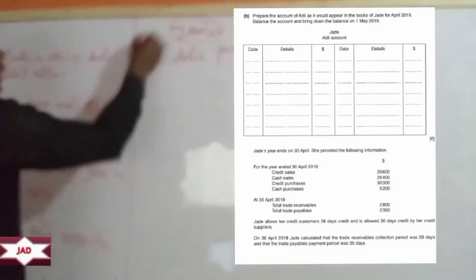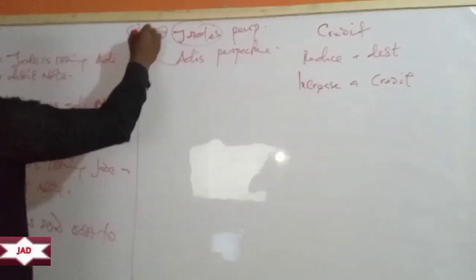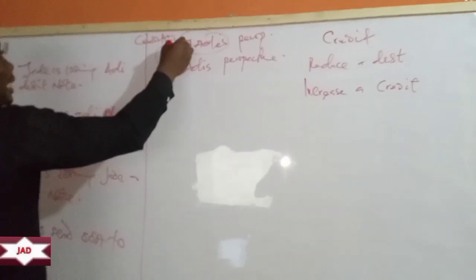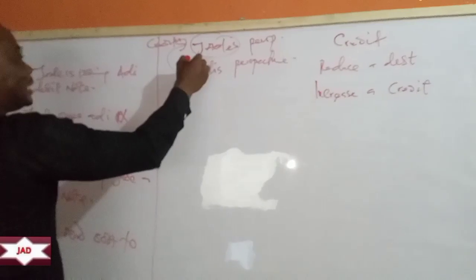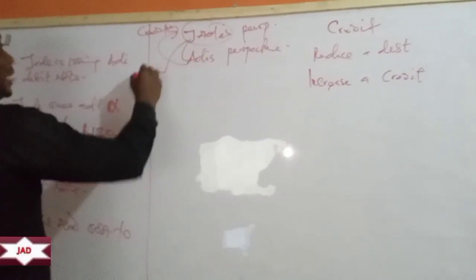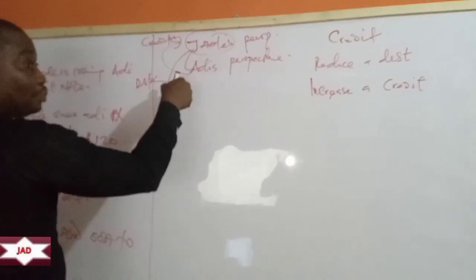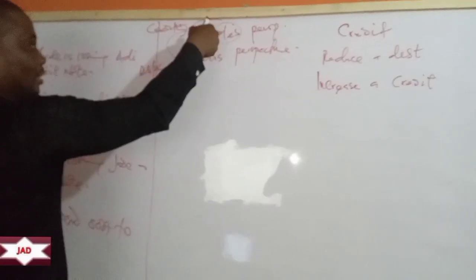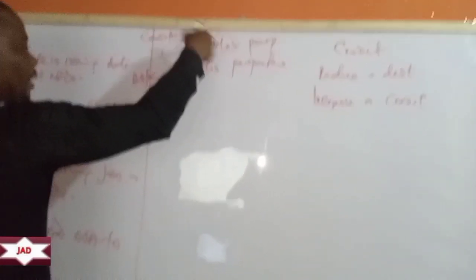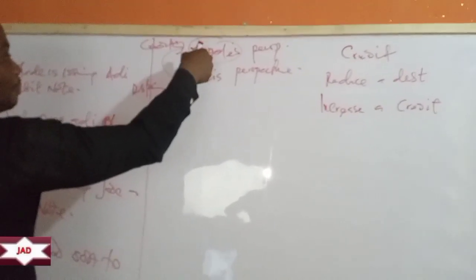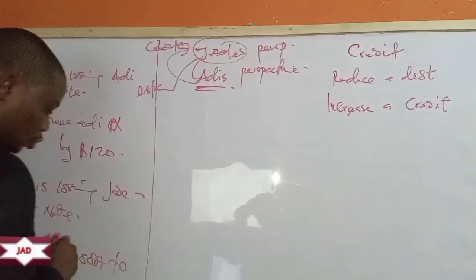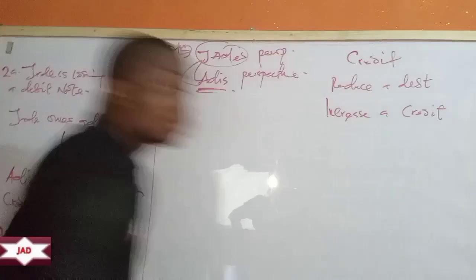Jade is holding Adi as a creditor or a supplier. Adi is holding Jade as a debtor. So in Adi's book, Jade is a debtor. In Jade's book, or Jade's perspective, Adi is a creditor.